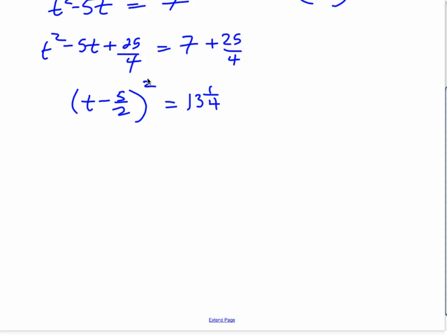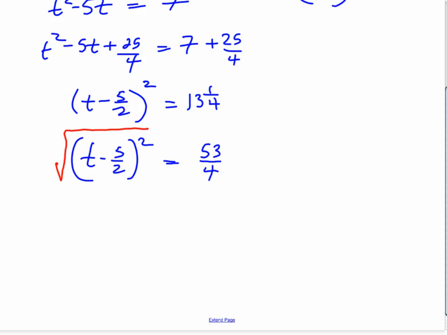So what I want to do is get rid of that square there. Let's maybe make that a mixed fraction. 4 times that's 52, plus 1 would be 53 over 4. So I'm going to take the left side and the right side and take the square root.